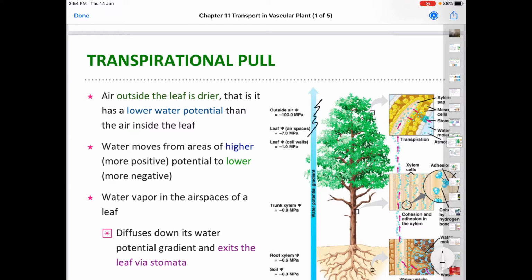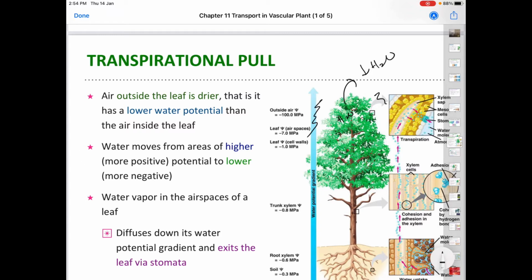Air outside the leaf is drier. This refers to the surrounding having a lower water potential compared to the inside of the leaf. That's why water will move from the area of higher water potential inside the leaf to the outside, which is low in water potential.